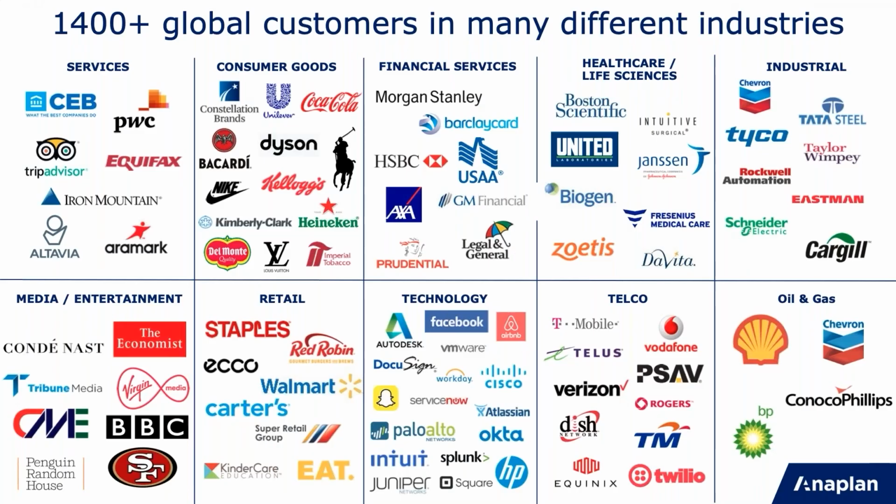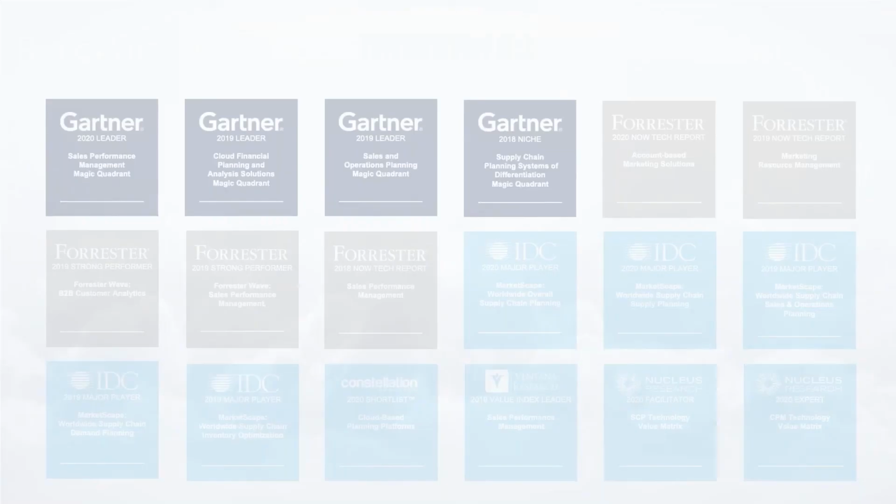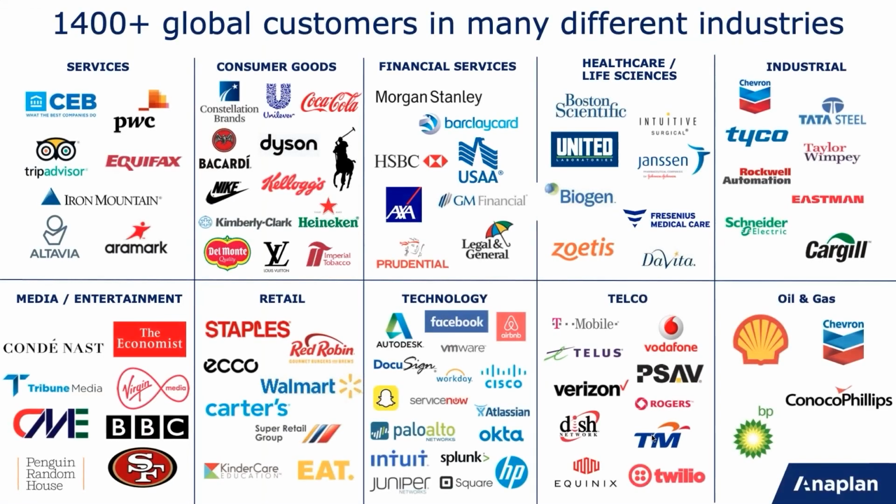And then just a couple of other points around our customer base. I mentioned at the start that our customer base is wide, and we're agnostic to sectors as well. So Anaplan has 1,400 plus customers. They're across multiple categories, and you can see some of the high level logos there, across many different sectors, and again in each of those sectors they're using it for lots of different use cases as well.